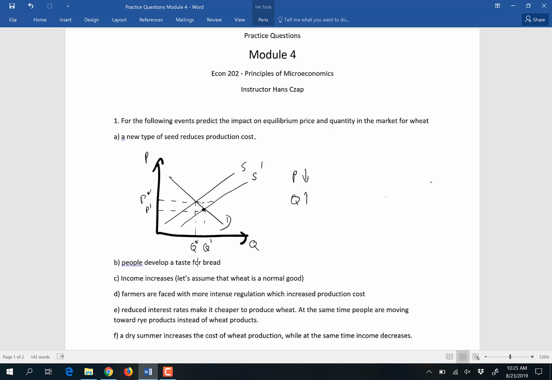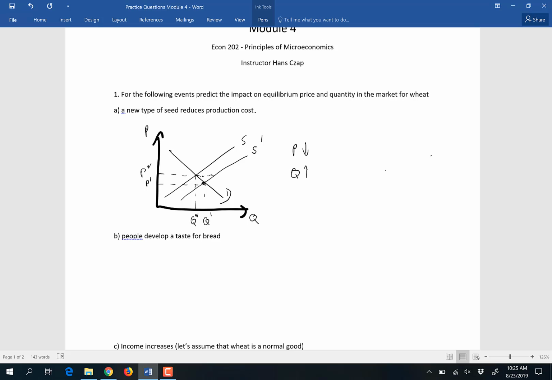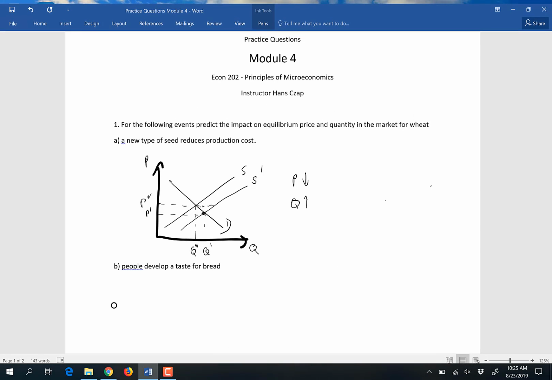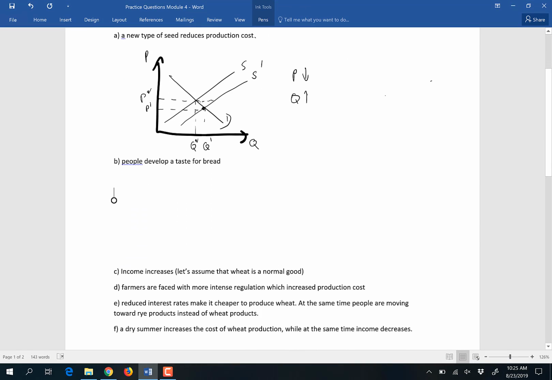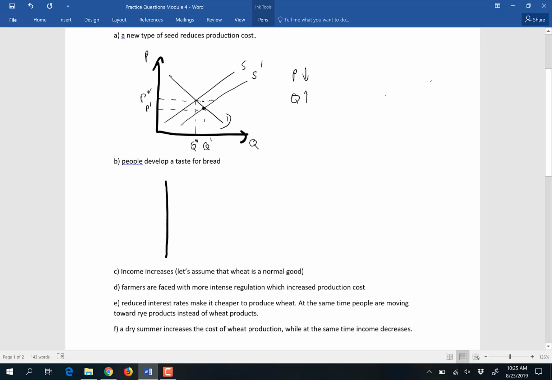Now, how about the next one? People develop a taste for bread. For some bread, wheat is a primary ingredient. And so if we draw the situation, we have price and quantities to start off, we have supply, we have demand.